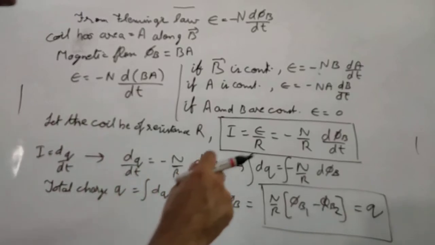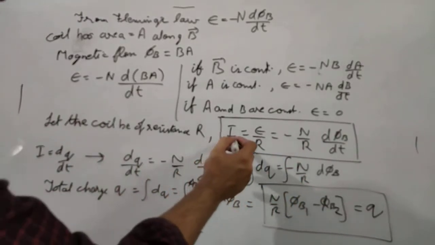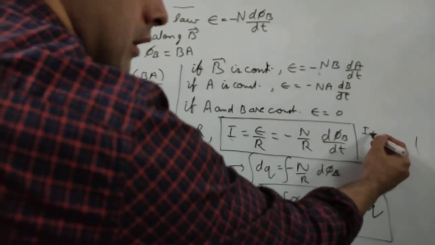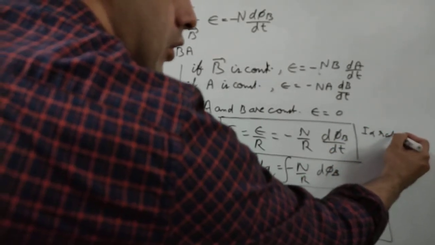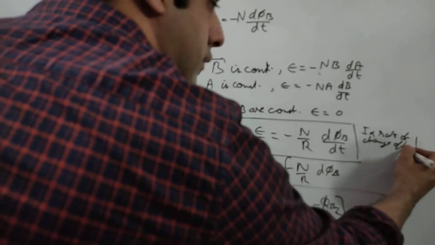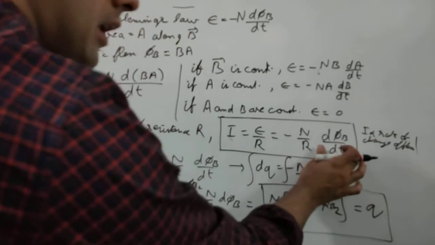So these will be the values of induced current and induced charge. And as you can see, the important thing to notice here is that current depends upon the rate of change of flux, d phi B by dt.